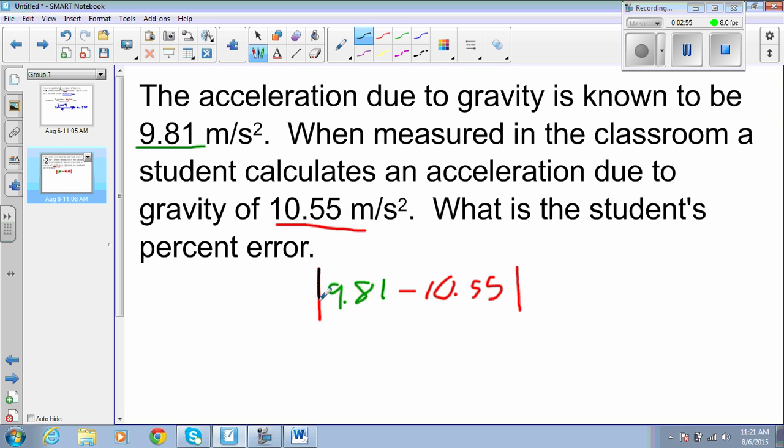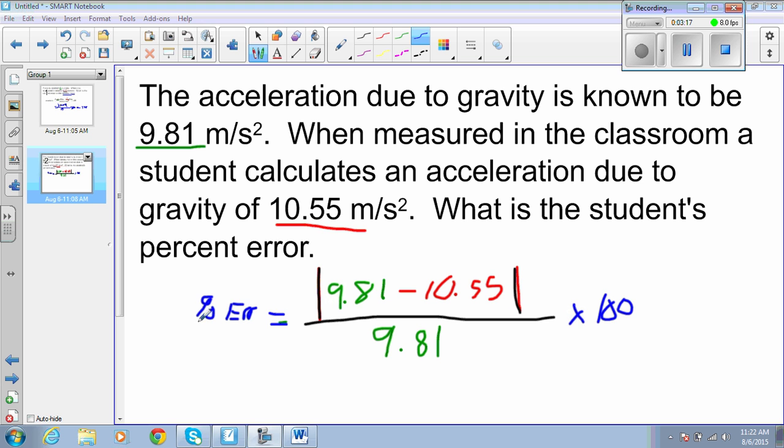Absolute value of that, and we're going to divide by our predicted value, the 9.81, and multiply that by 100. So percent error is equal to this, and now we just calculate.